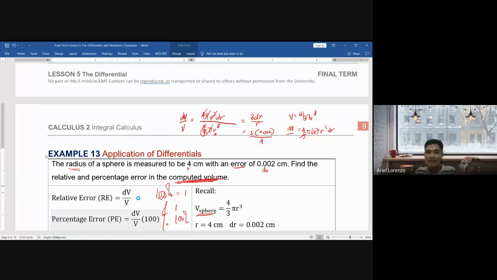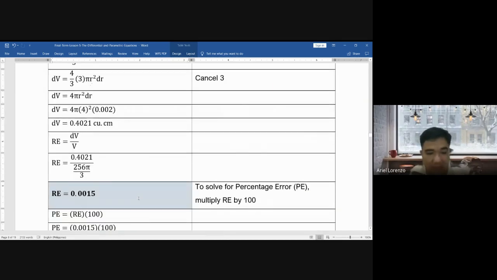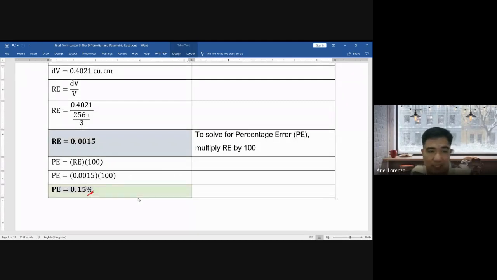Anong nakuha niyo dyan, class? Kindly calculate using your calculator. Di ba? That is 1.5 times 10 raised to negative 3, or that is just the same, 0.0015. Di ba? Kung mag-multiply ka ng 100, that is 0.15%. O, di ba? Parehas lang.